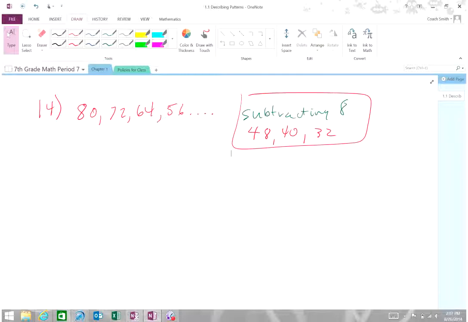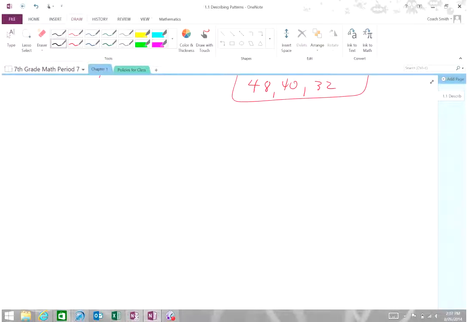All right, now let's look at 16. 16 says 1, 6, 36, 216. As I look at this, what I want to ask myself is, I went from 1 to 6. What are the only 2 things that I can do to 1 to make it 6? What's one thing, Brandon?